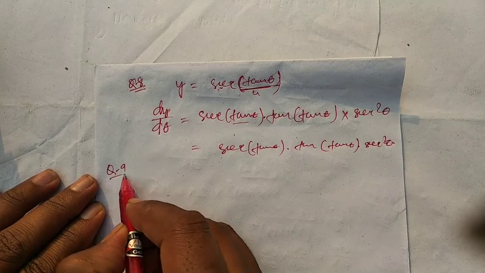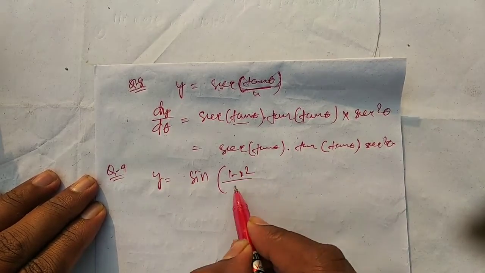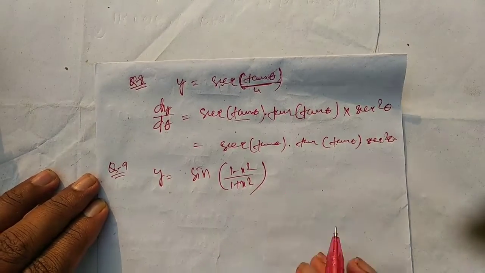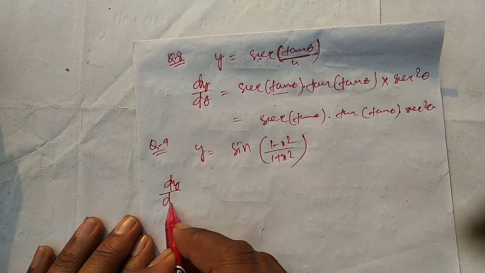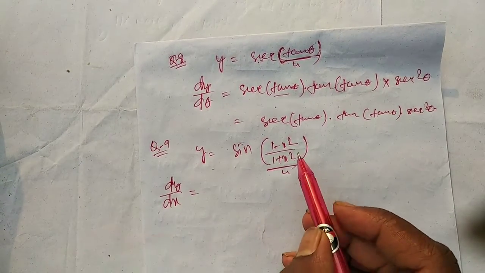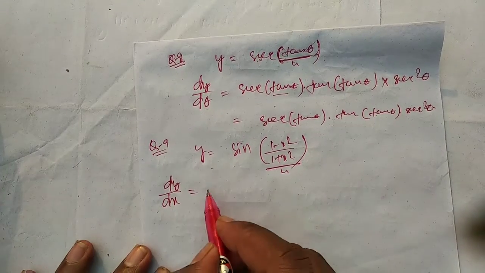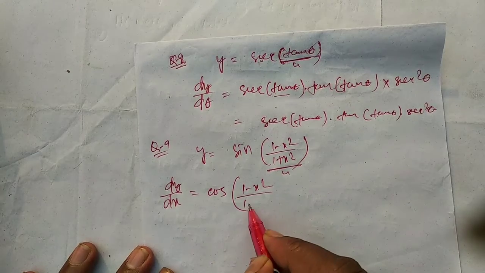Question number 9. Y is equal to sine of 1 minus x square by 1 plus x square. Okay, so we will do it directly. Dy by dx will be, take this one as u, so the derivative of sine u with respect to u will be cos u. So put the value of u here, 1 minus x square by 1 plus x square.